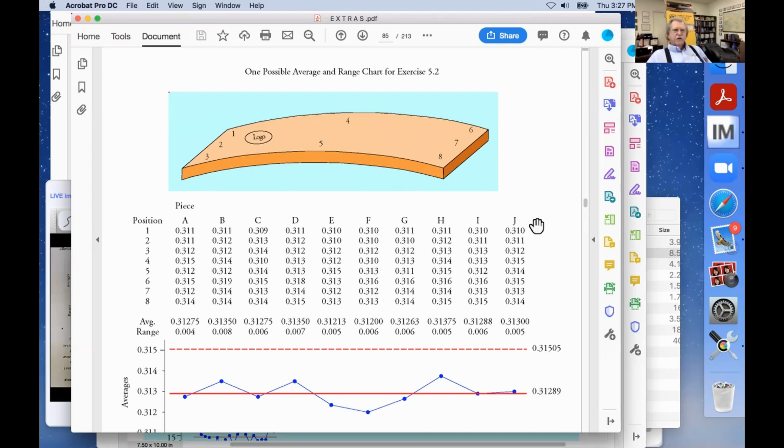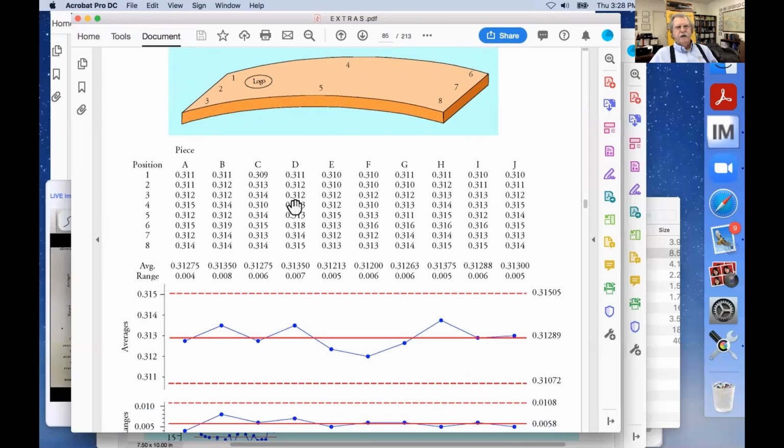This was a little process trial. 10 pieces of brake lining, piece A, B, C, D, E, F, G, H, I, J. 10 pieces of brake lining from the same batch cooked in the same cavity are measured, and they're going to measure the thickness at 8 positions as identified by the drawing. And one of the questions of interest here is, is the average end thickness the same at the hinge end as it is at the clamp end of the cavity?